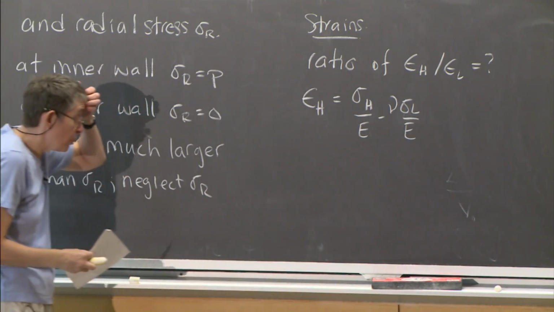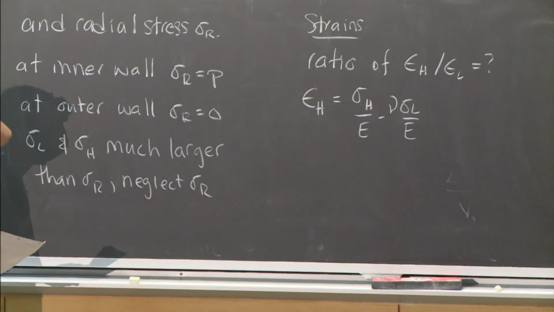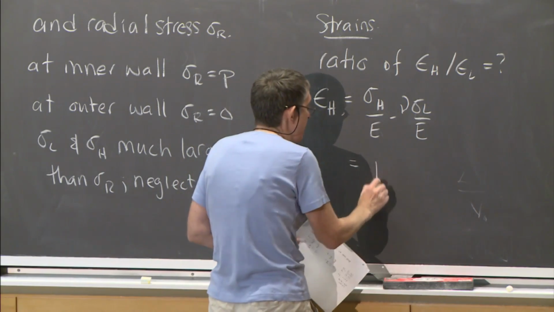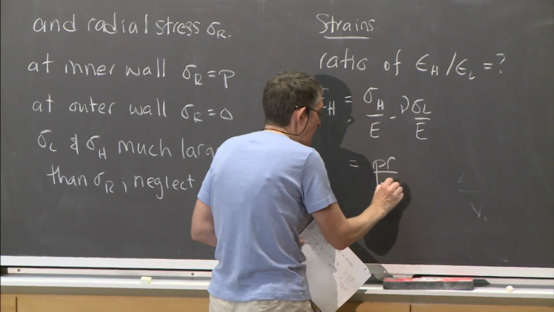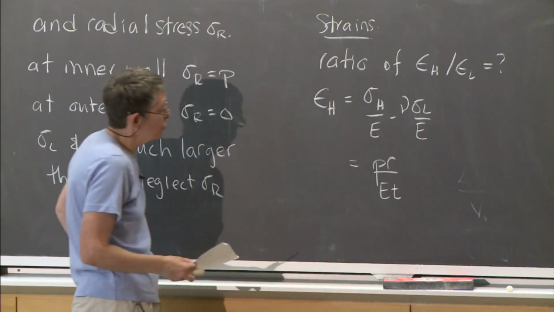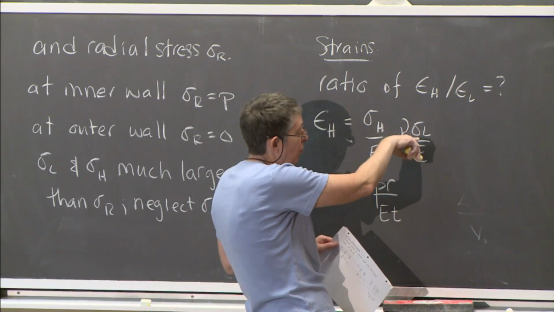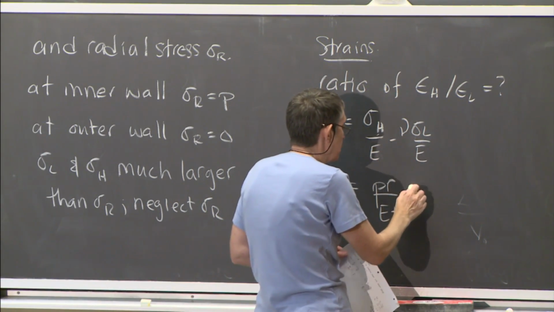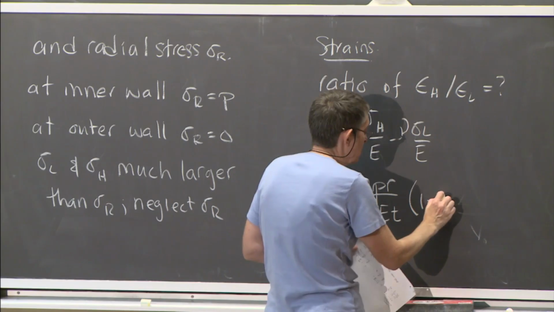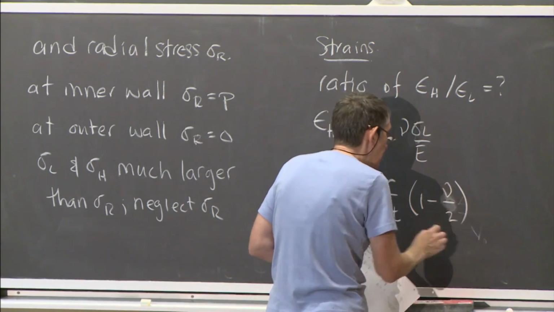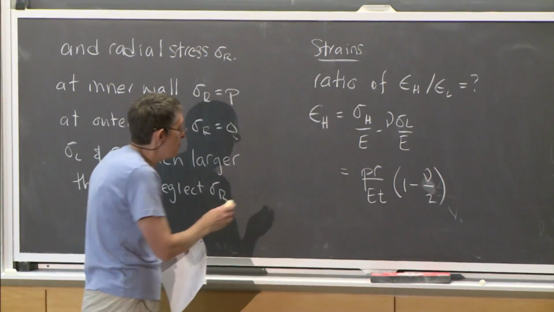So the hoop strain is going to be the hoop stress over E minus nu times the longitudinal stress over E. The hoop stress was just PR over T, so I divide that by E. This is going to be PR over 2T, so it's going to be 1 minus nu over 2, like that.